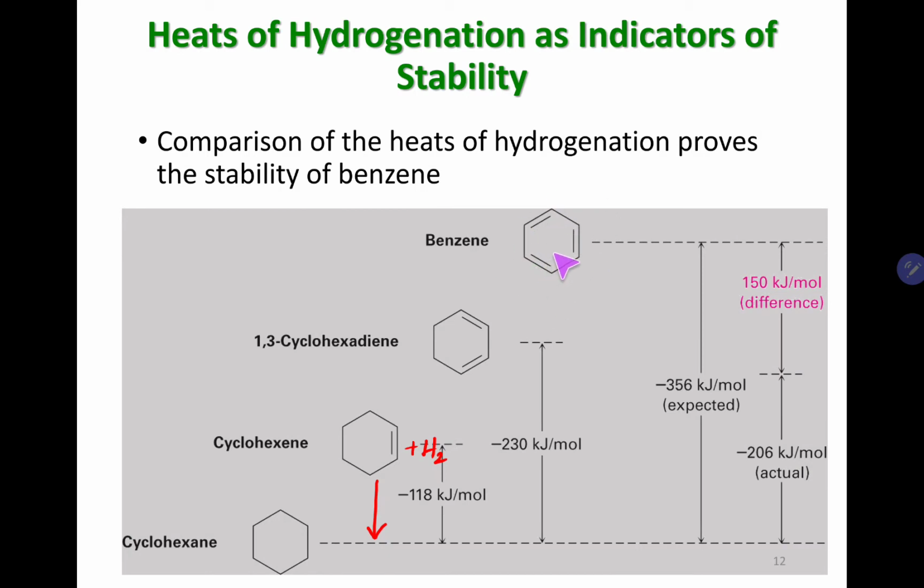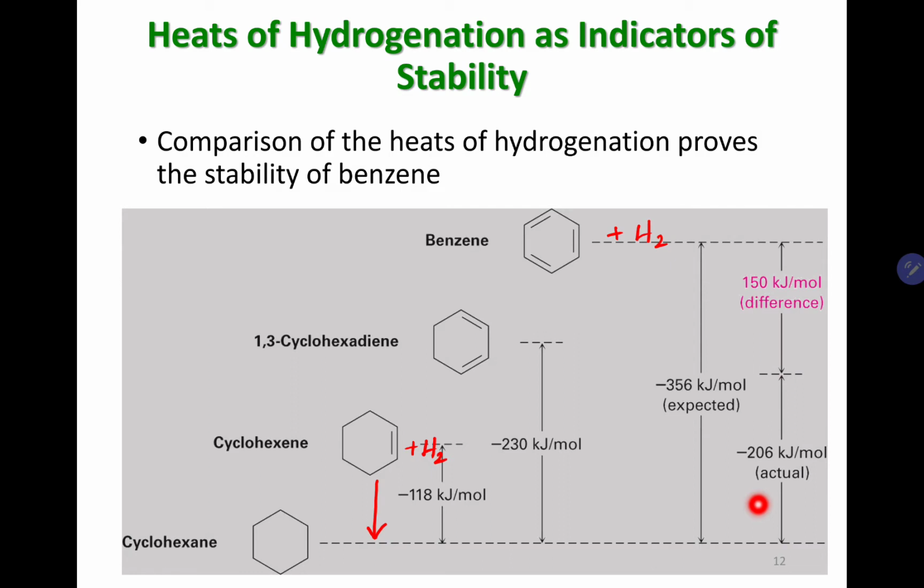Why? Because it has one more double bond, right? Whenever you increase the number of double bonds, the molecule should decrease in stability, and therefore when you react it with hydrogen to obtain cyclohexane, it releases energy and it becomes more stable.